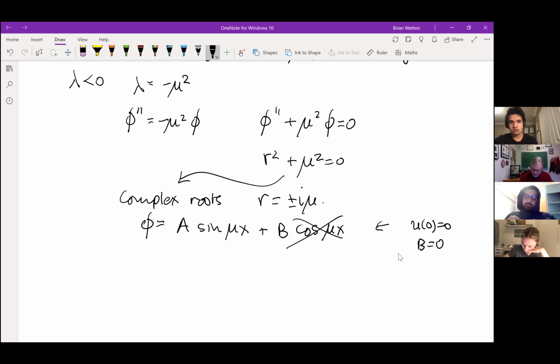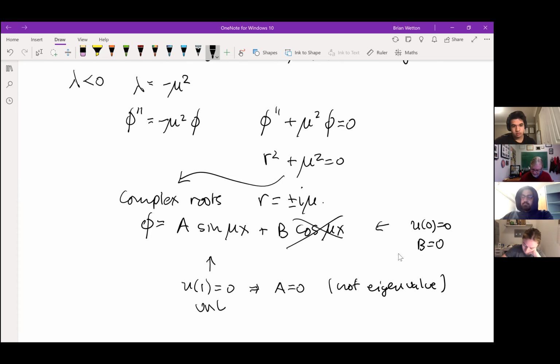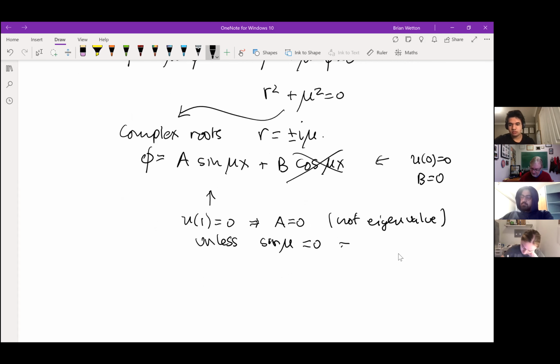And then if I apply the next boundary condition, that tells me that A has to be 0, so not an eigenvalue, unless sine of mu is 0. And that's what tells me that mu has to be n times pi.